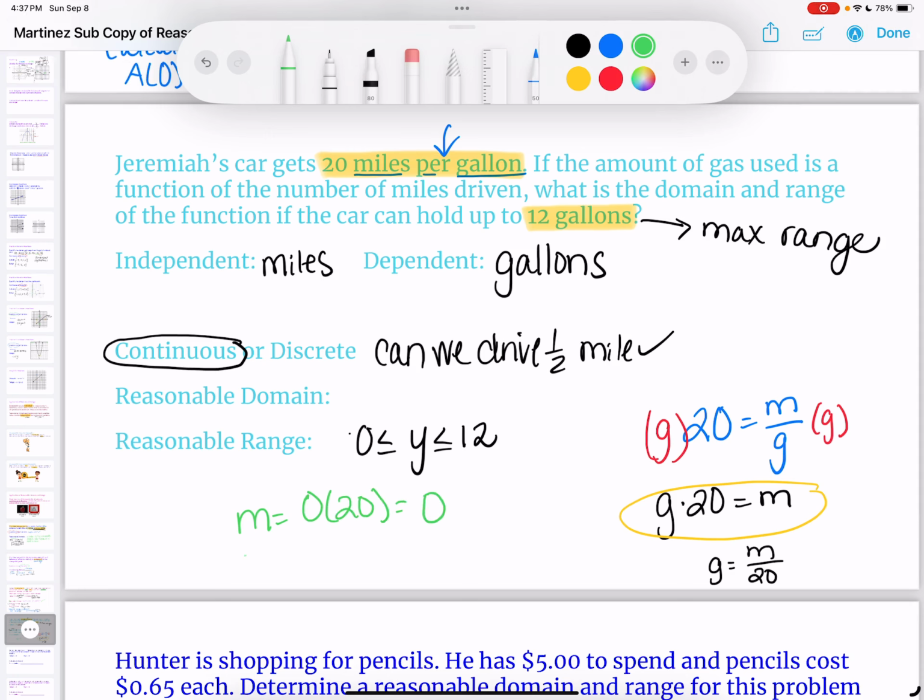And the number of miles is the most, which is 12, times 20, which, 12 times 2 is 24. Add the 0, so it's 240. Okay, so that's where the X value is going to range. So it's going to be 0 less than or equal to X less than or equal to 240.